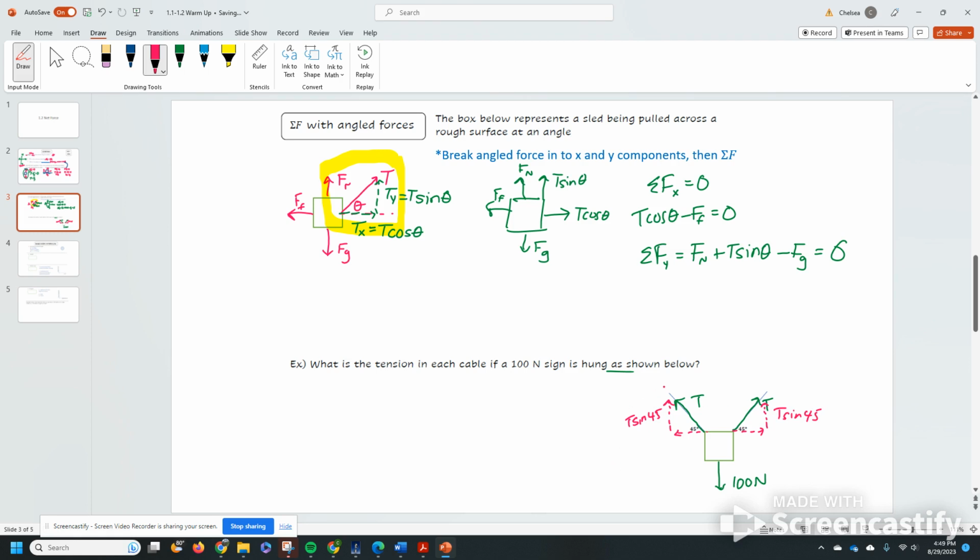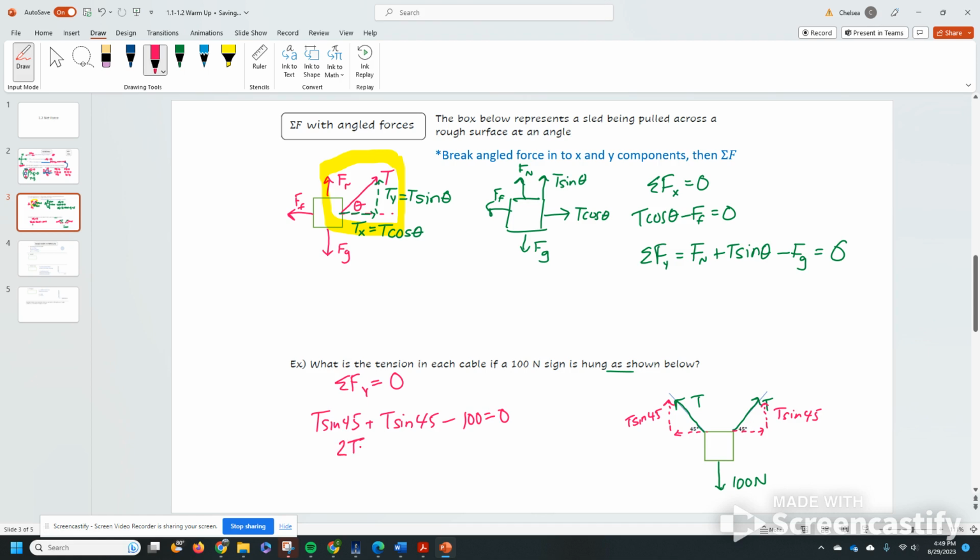So to look at this, I'm going to look at the sum of forces in the y direction. I know it's going to equal 0 because we're at equilibrium. I've got T sine 45 plus another T sine 45, or I've got two of them, we can combine them in a second, minus 100 equals 0.